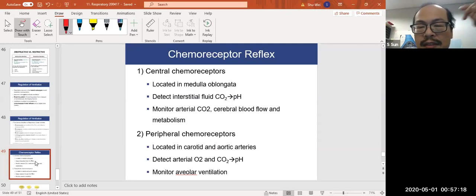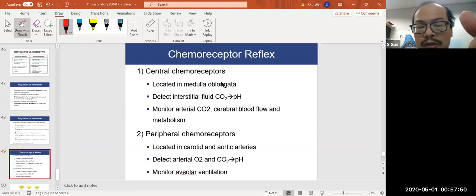One is central, directly related to the medulla, and this region detects our CO2. When CO2 level is high, the pH is lowered and the acidic level is high, which directly triggers our brain to make us breathe harder and faster.